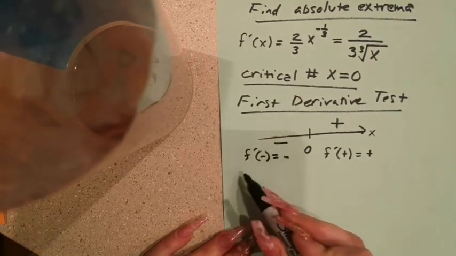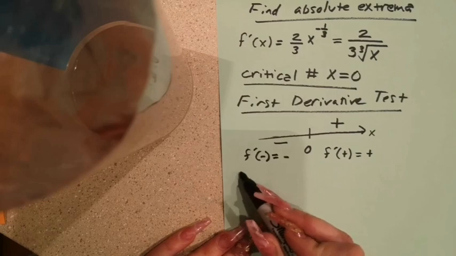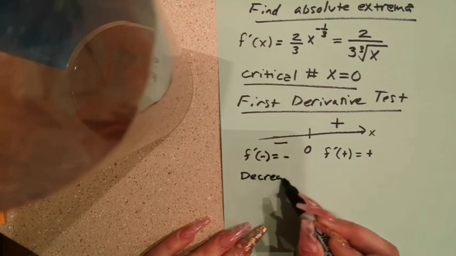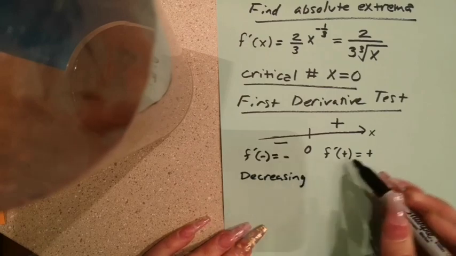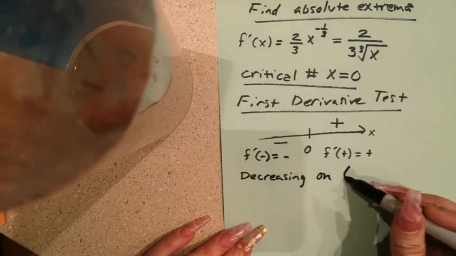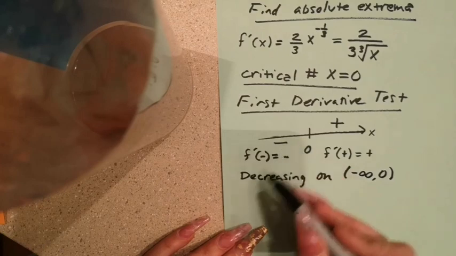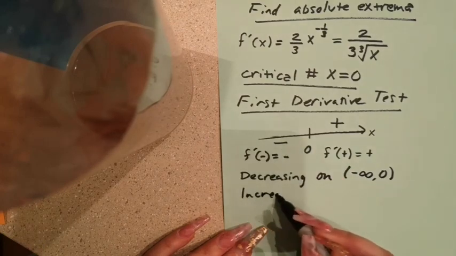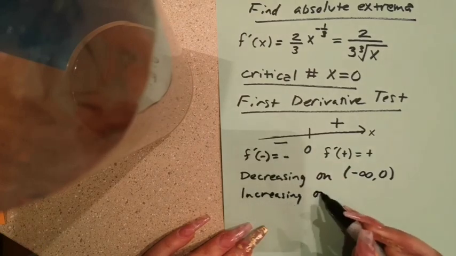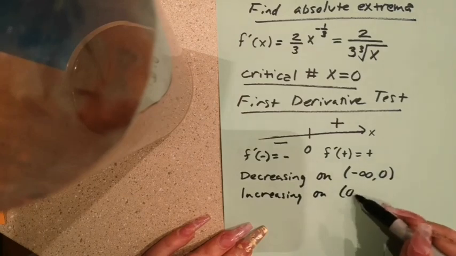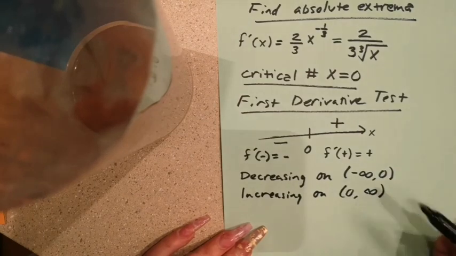So this function is decreasing on negative infinity to 0, where the first derivative is negative, and increasing on 0 to infinity.